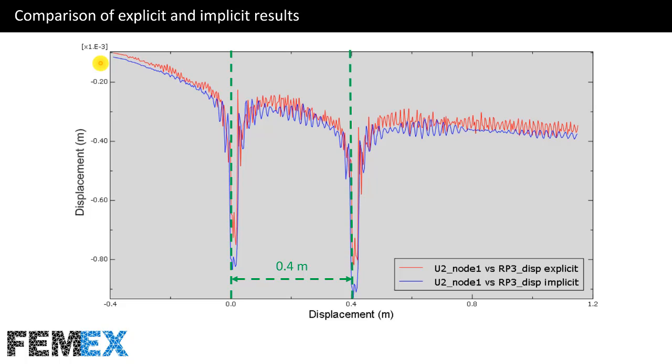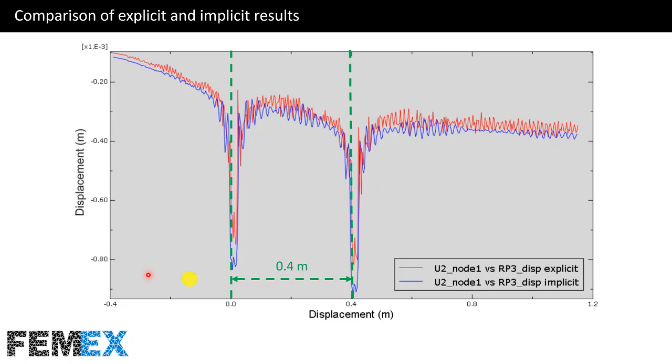Here we have the comparison of the vertical displacement of node 1 based on explicit and implicit simulations, but the horizontal axis of the curve is the relative distance of third wheel and node 1. Here, as you can see, at the start of the simulation, the relative distance is minus 0.4.